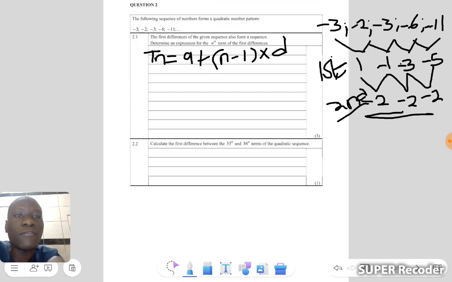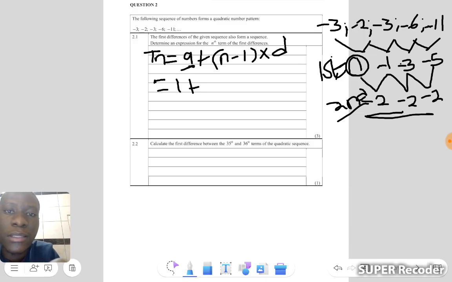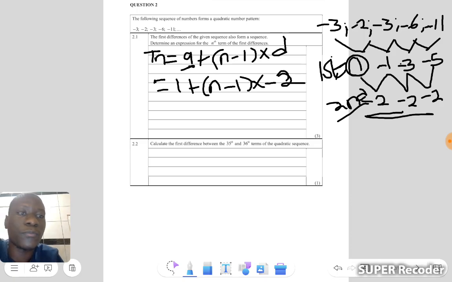So do we have our a? Our a will be the first term of the first difference, which means here we'll say 1 plus (n minus 1), times d, which is -2.